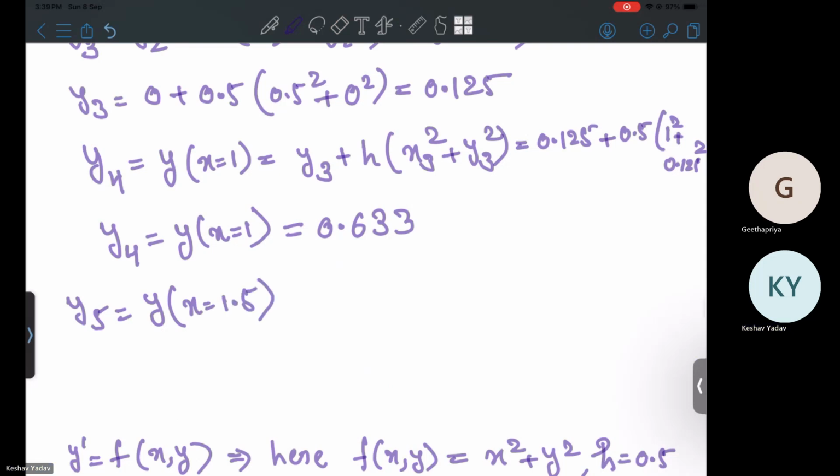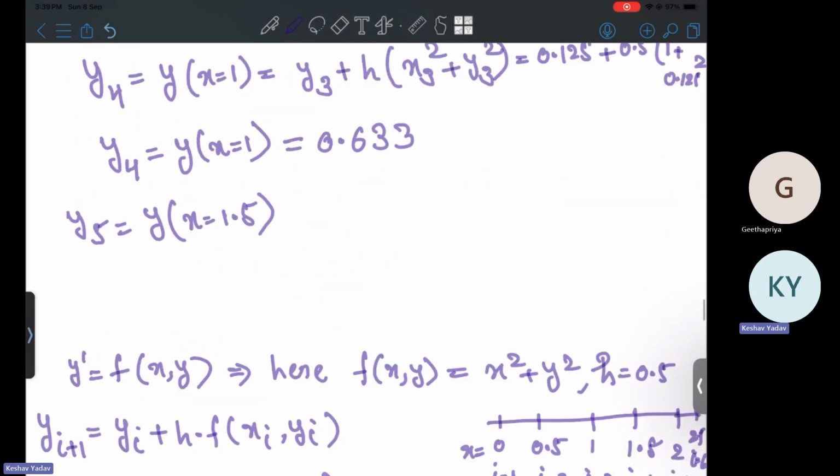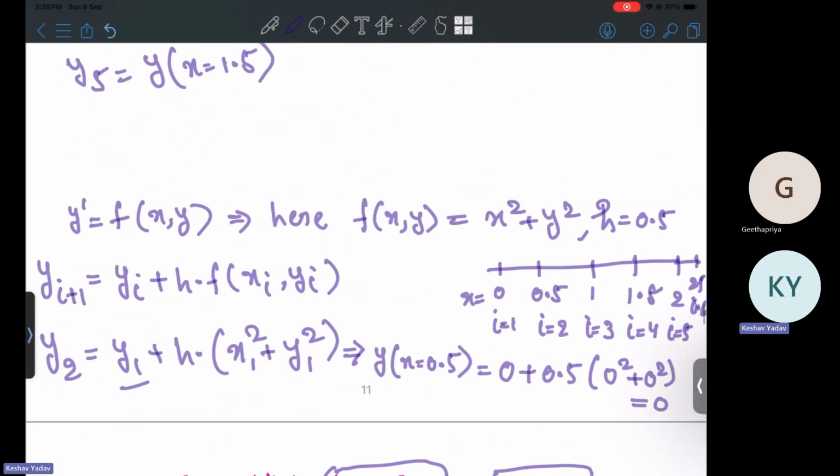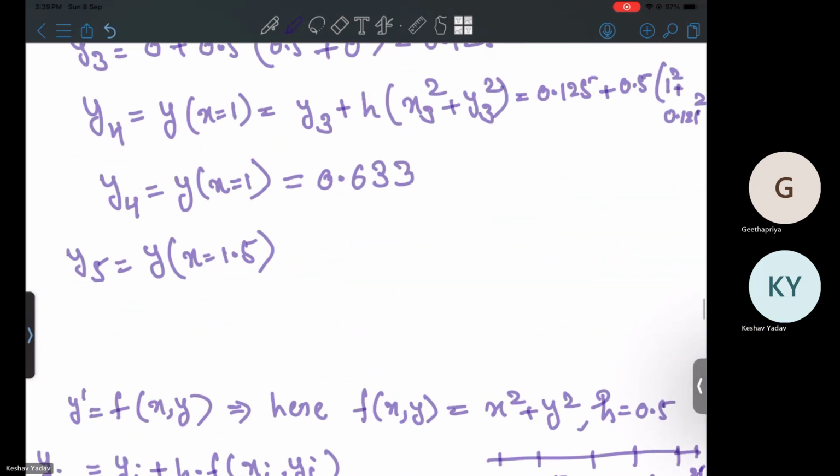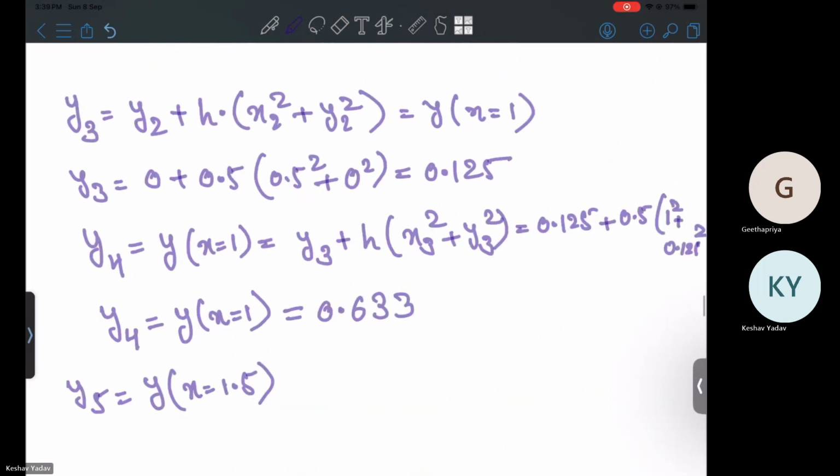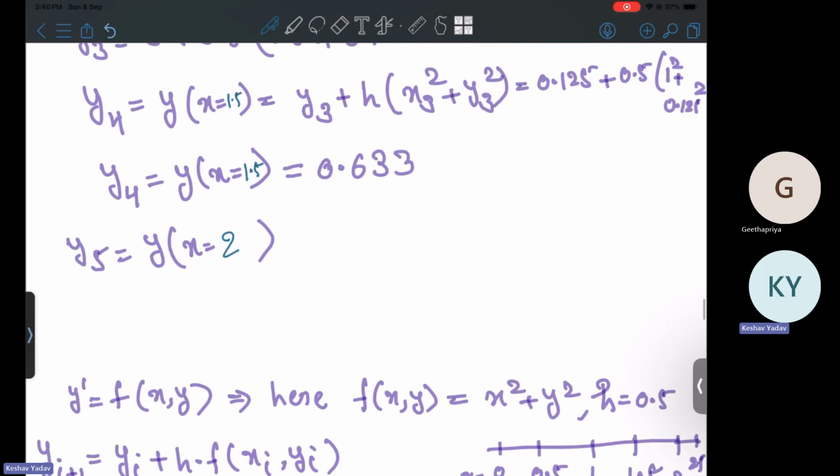Now if I want to find y5, that is y at x equal to 2, right? Have I made some mistake? Oh, sorry. The previous one is at 1.5. Now we want to find at 2.